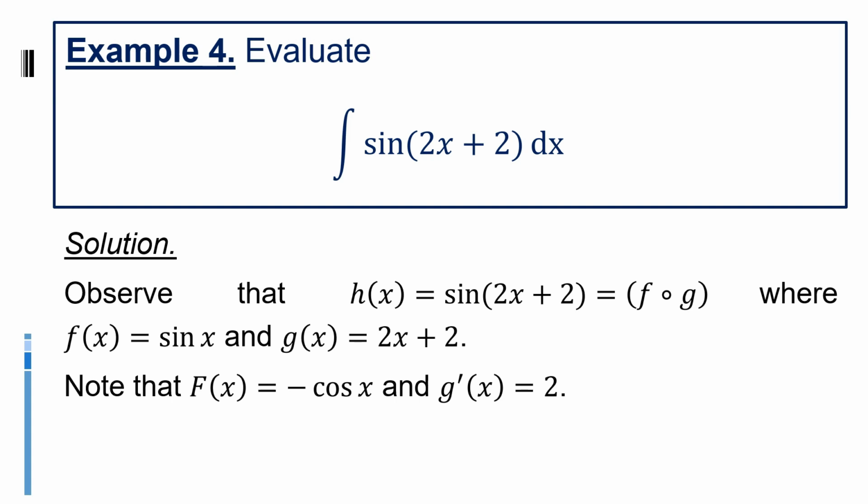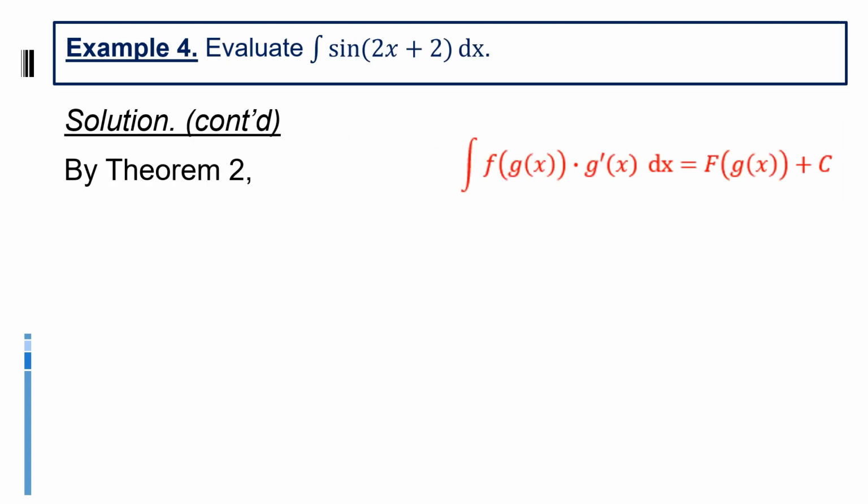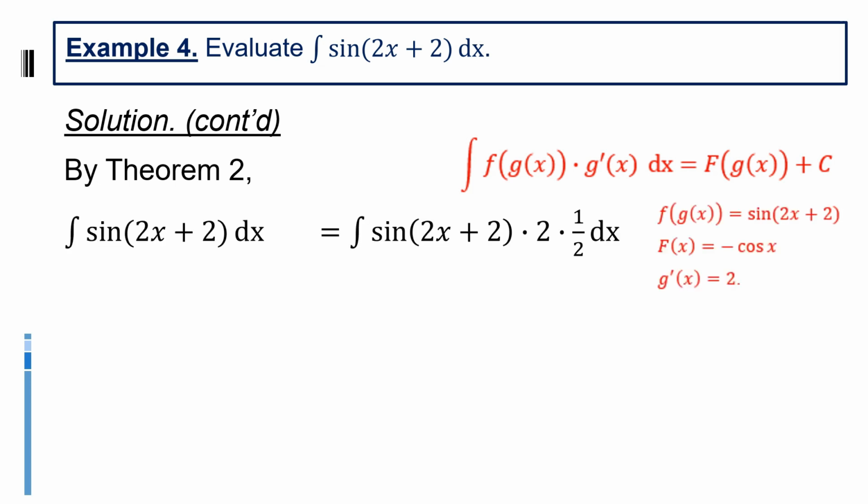Note that the antiderivative of f is negative cosine x, and g prime of x is equal to 2. So by theorem 2, okay, it needs to look like this again. So the integral of sine 2x plus 2 dx is equal to the integral of sine of 2x plus 2 times, so here it is, our g prime of x is 2.